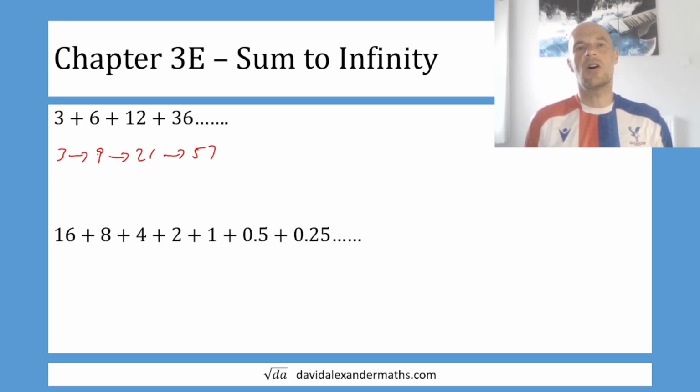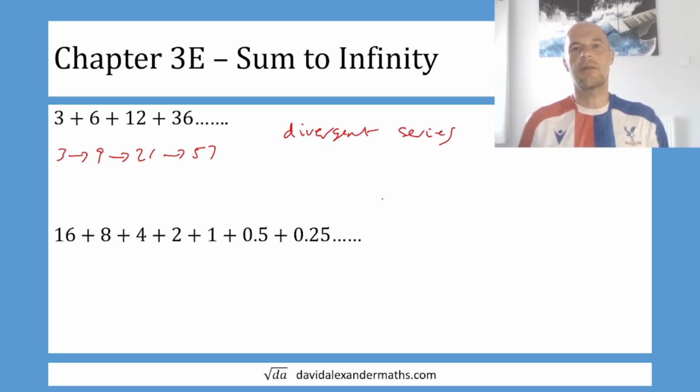So the sum of this geometric series is getting bigger and bigger and bigger. So if there are infinite terms, then there will be no sum to infinity. The sum to infinity will also be infinite. Now, when there is no sum to infinity, then we call this a divergent series.